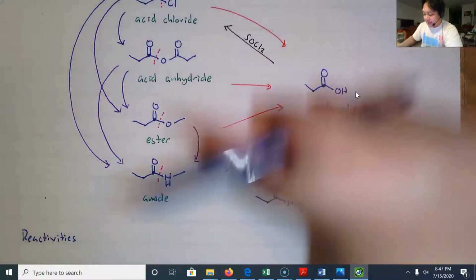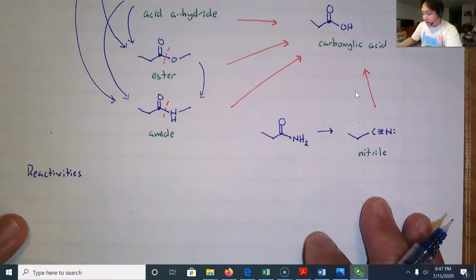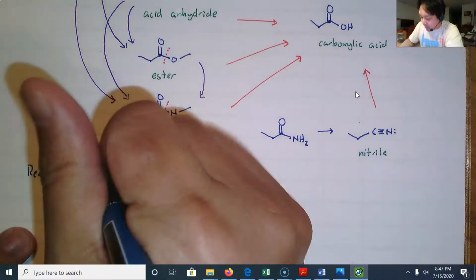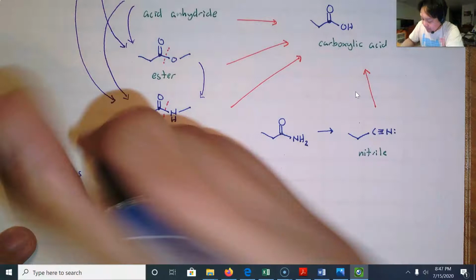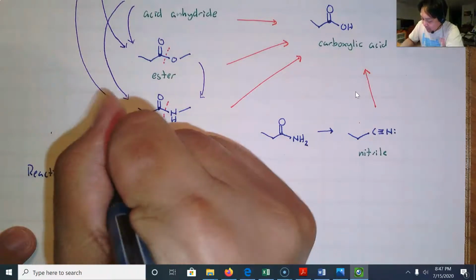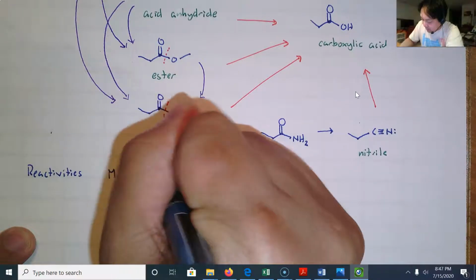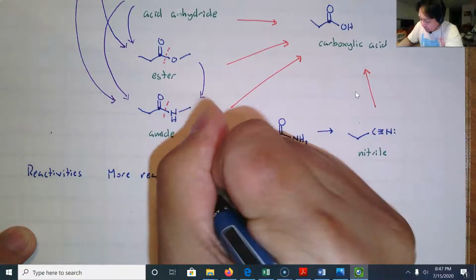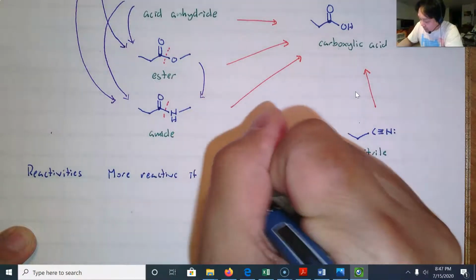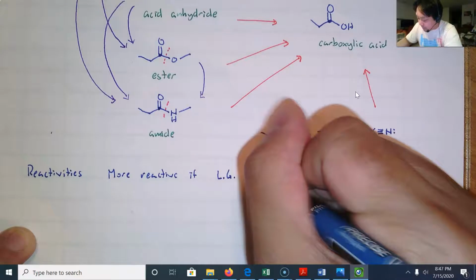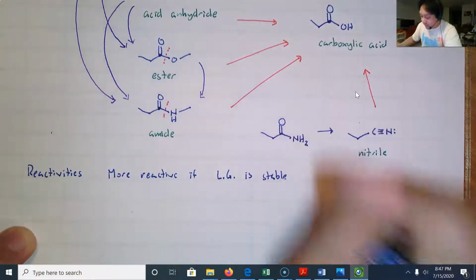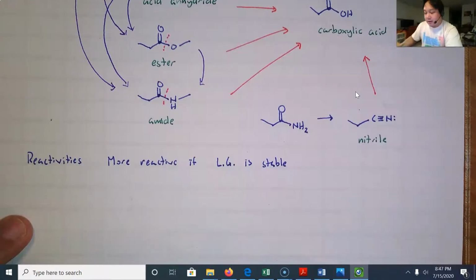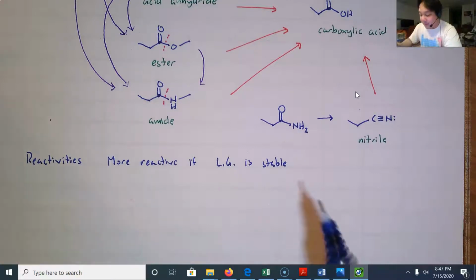So the reactivities, you can think of it as either based on the leaving group. More reactive if the leaving group is stable. If you kick out a leaving group and the leaving group is a very stable molecule, then the reaction will go forward and your derivative will react.